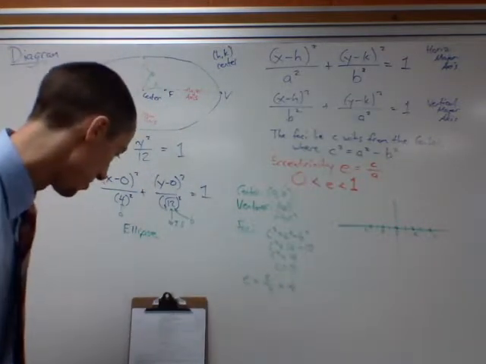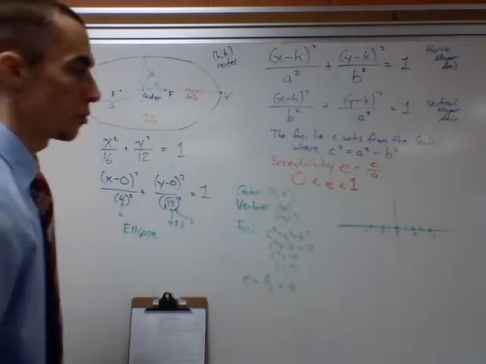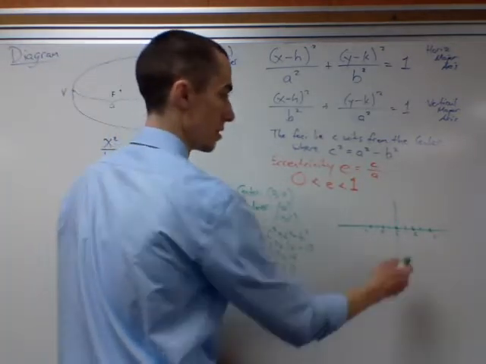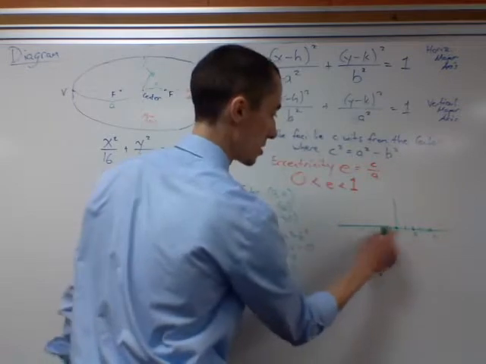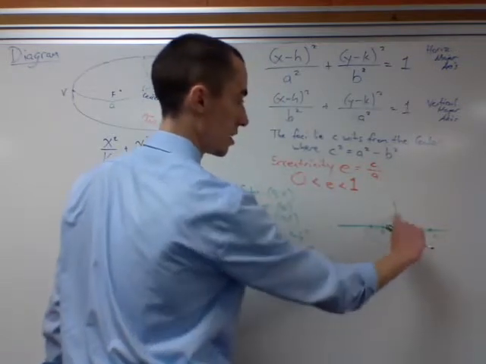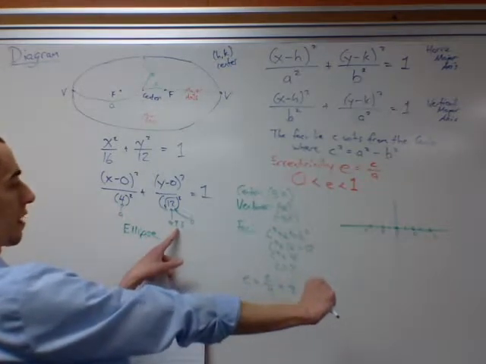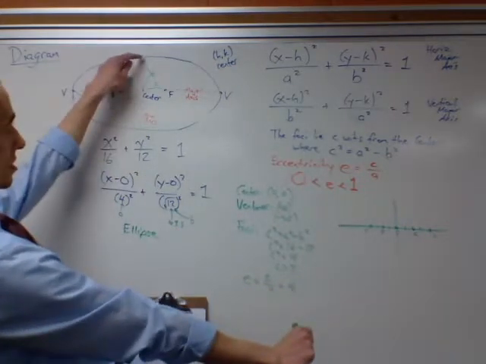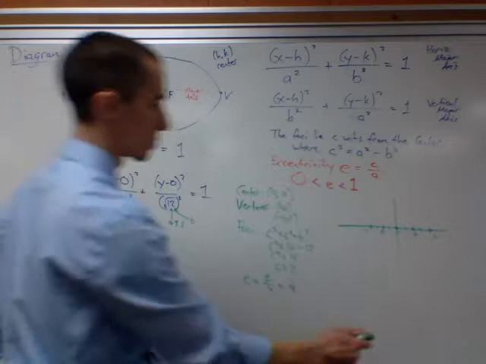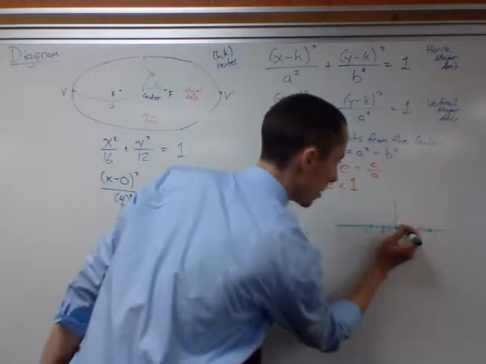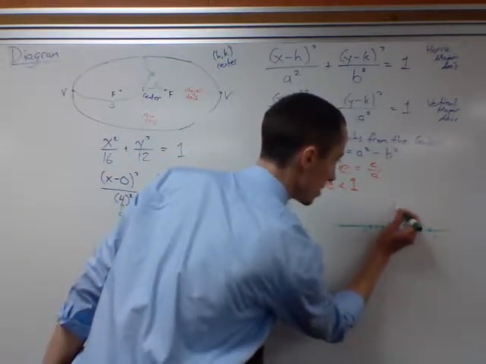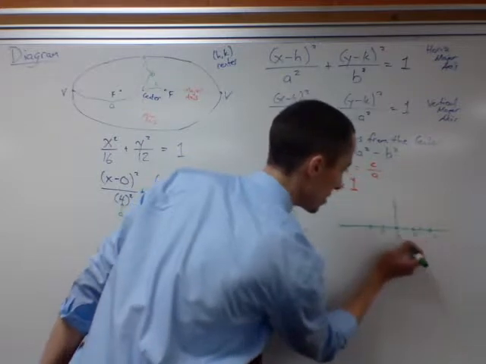Last, it says to sketch its graph. We've got part of the graph done. We know that the major axis is going to go from here to here. The minor axis is going to be approximately 3.5 units from center to top and from center to bottom. So we're going to go up about 1, 2, 3.5.